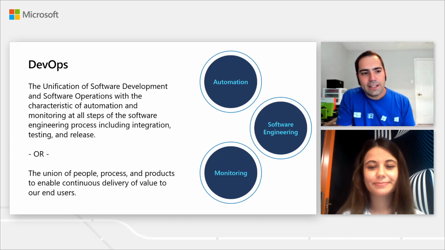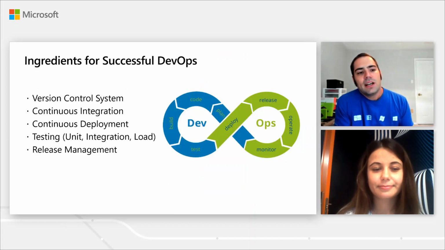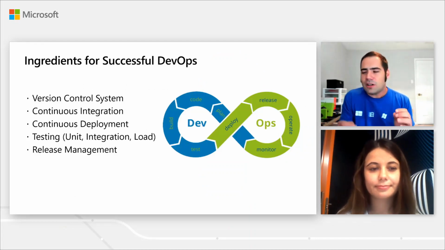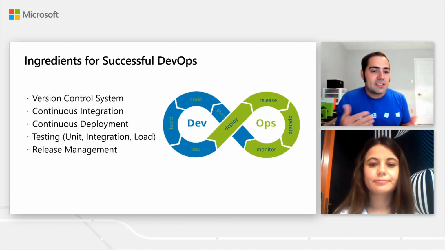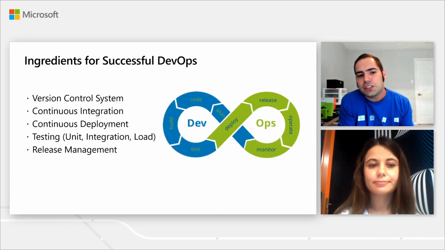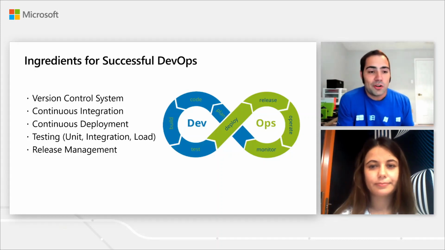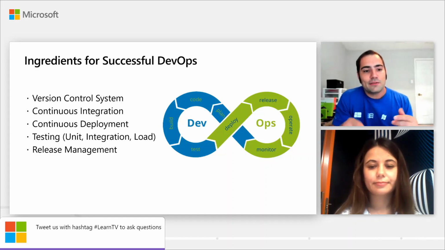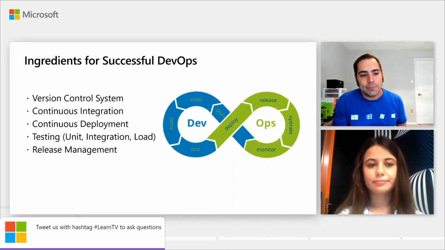Well put. And again, when we talk about this DevOps concept, a lot of folks who might have familiarity here might have noticed that there are some similarities across successful DevOps solutions. And those typical ingredients will include things like version control systems. So if you've heard of things like Team Foundation Server or Mercurial or the really popular Git, that is one of the version control systems that would allow you to track code changes as they come in.